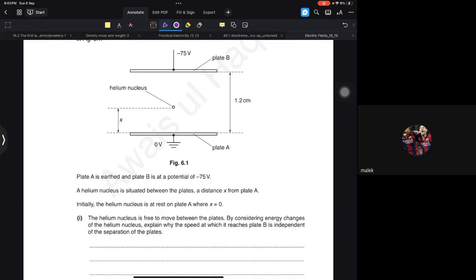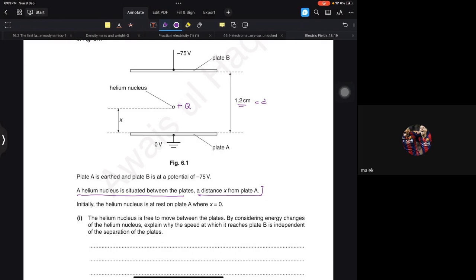All right. So now you guys know the parallel plate system means that the field strength has to be constant. So you have the distance d between them and the potential difference as well. It says a helium nucleus is situated between the plates at a distance x from plate A. Obviously, a helium nucleus will carry positive charge, as you guys know.